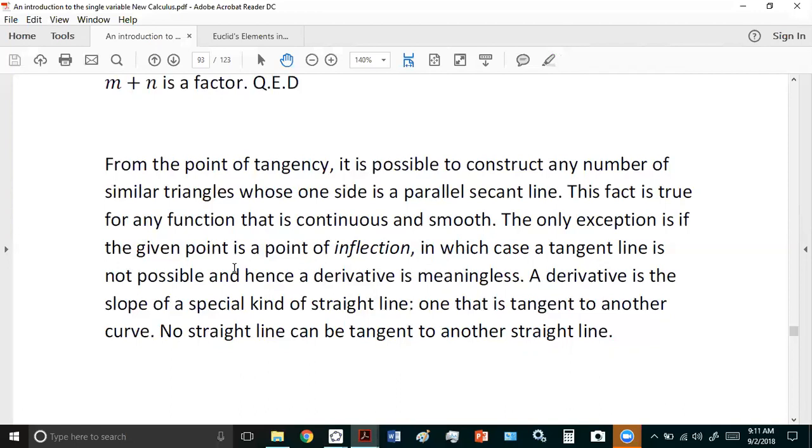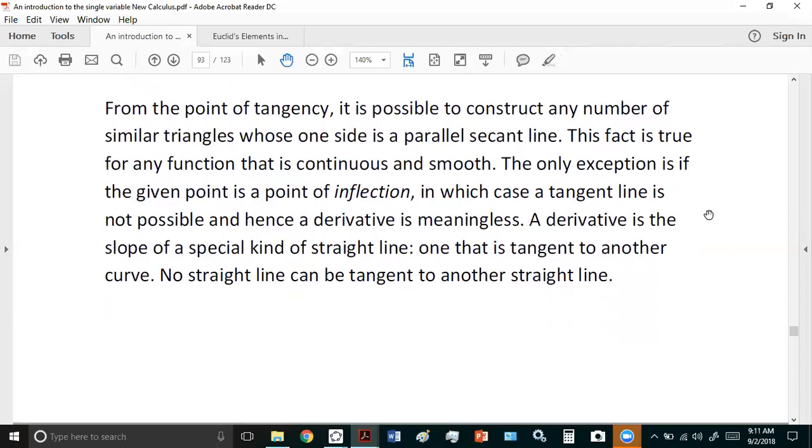You make the assumption that it's continuous and smooth everywhere in the interval that contains the point that you're actually considering the derivative. The only exception is if the given point is a point of inflection, in which case a tangent line is not possible and hence a derivative is meaningless.